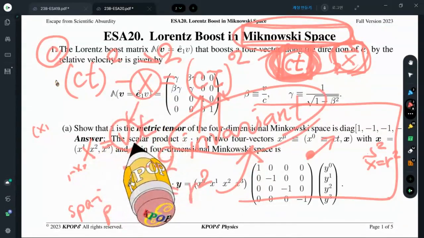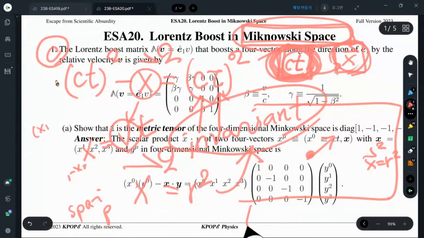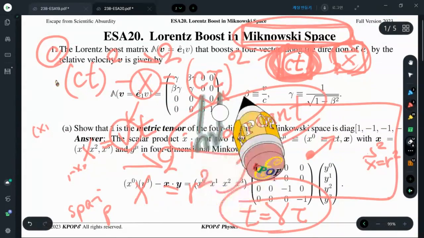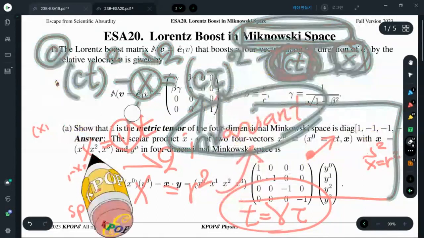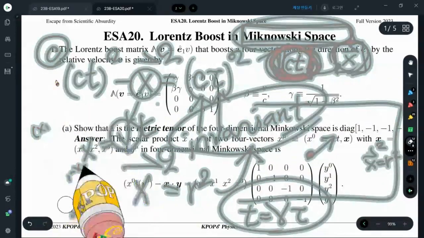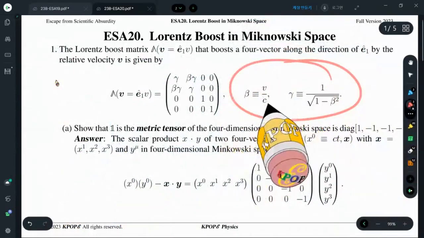For a moving object, time flows very slowly. And the scaling factor is gamma, and that gamma is called the Lorentz factor. And that Lorentz factor is determined by the velocity of a particle, like that.